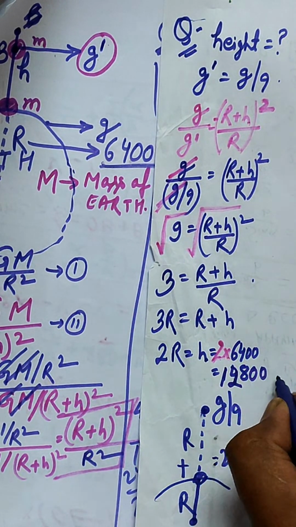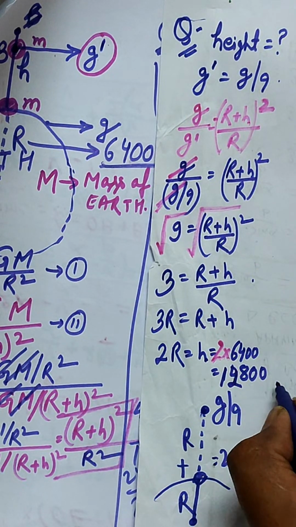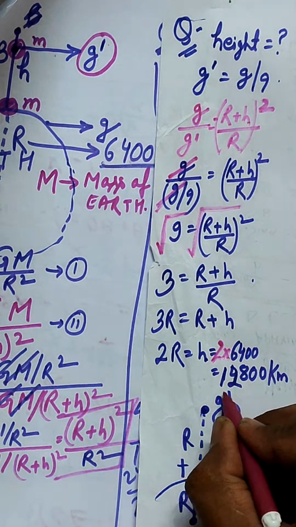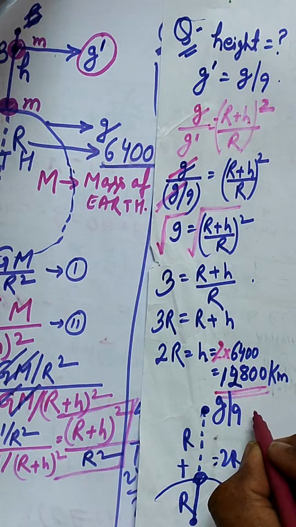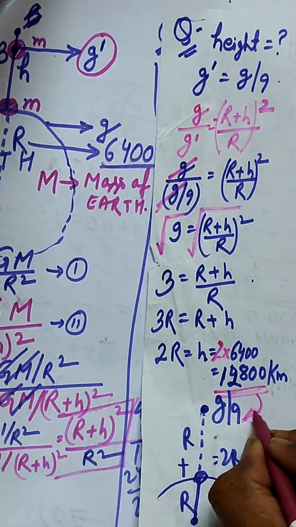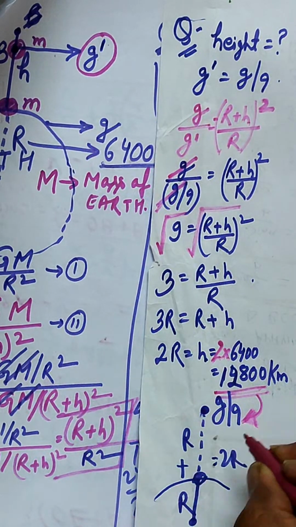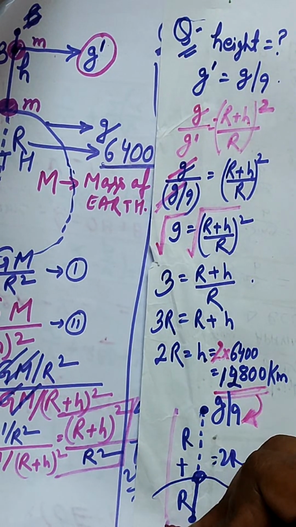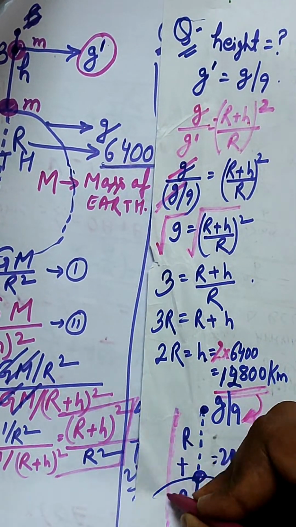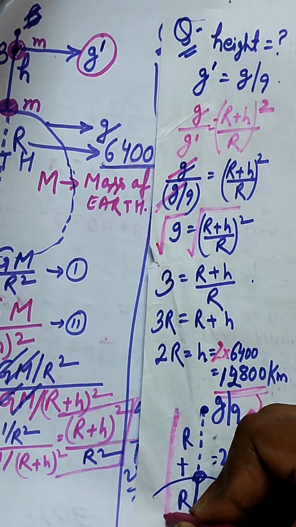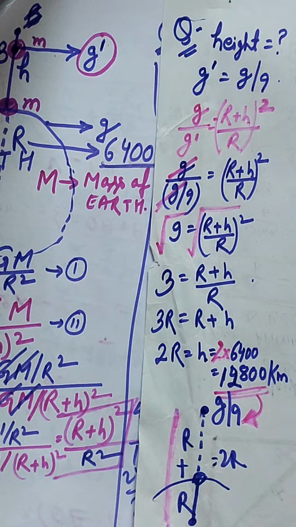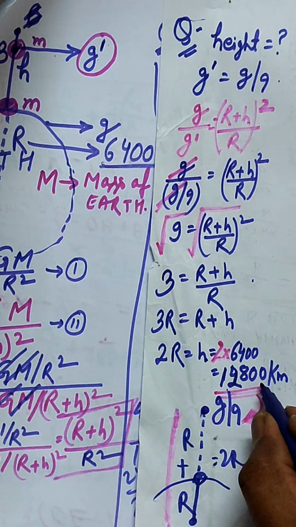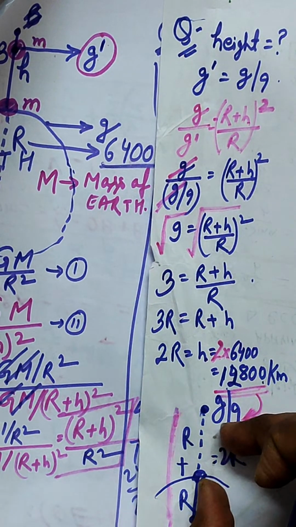That means at 12,800 kilometer of height, the acceleration due to gravity will be g by 9. So it will be 12,800 kilometer above the surface of earth.